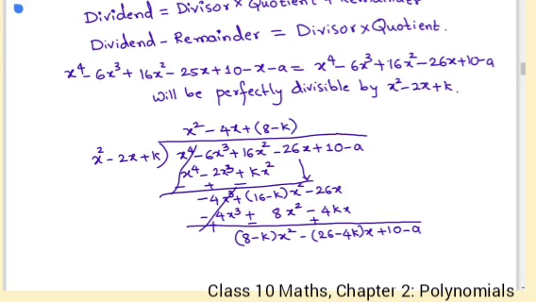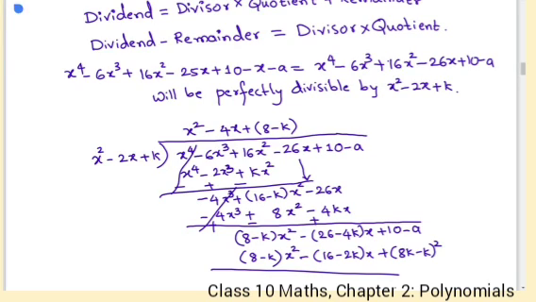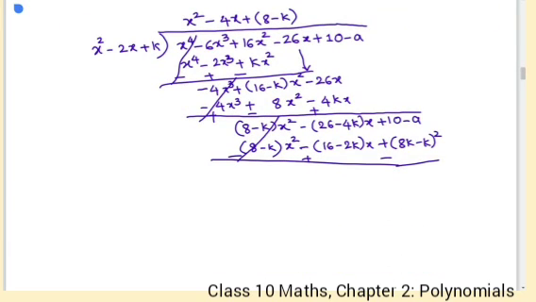Again multiply it with 8 minus k, and simplify all the terms. So change of sign, first term gets cancelled and remaining terms you write down here: minus 10 plus 2k into x plus 10 minus a minus 8k plus k square.